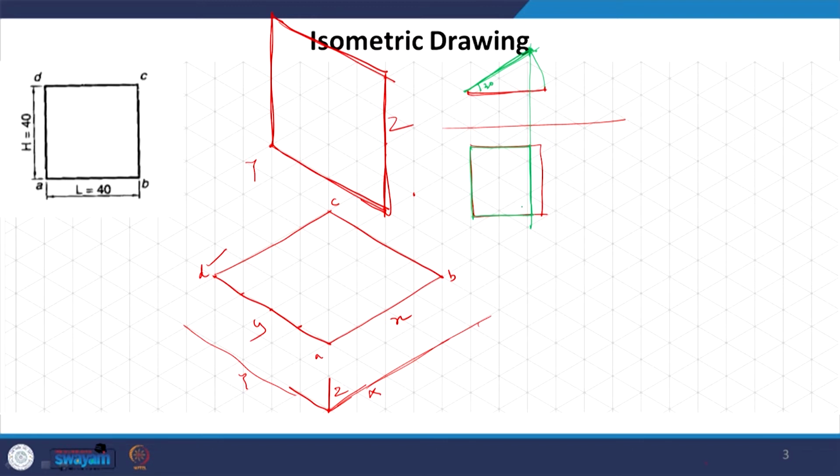Now, if I am drawing this here, what will happen? Draw the original plane first. If the original plane was here, say with the same dimensions, this was parallel to xy. Now, we say that it is making an angle with the horizontal plane. How do we get that angle?